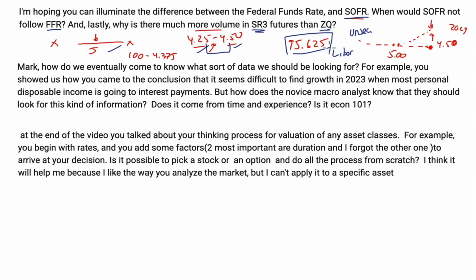The SR3 is traded more than ZQ because it is a hedging instrument that you can hedge over periods of time. If you think you're getting money in May, let's say, and you're going to put it in a 30-day security at that point, but you're worried about interest rates changing, you can trade the 3-month SOFR futures.